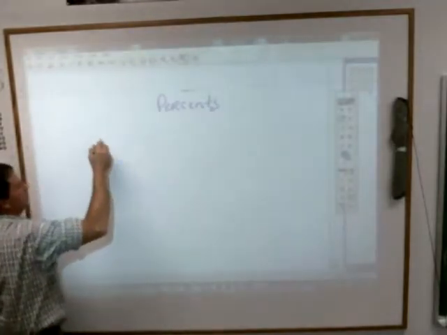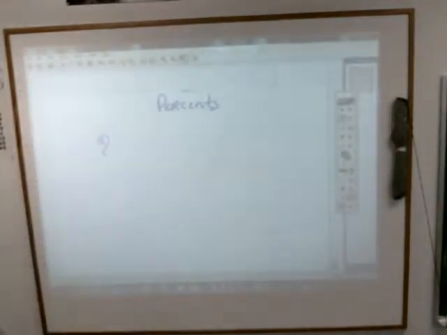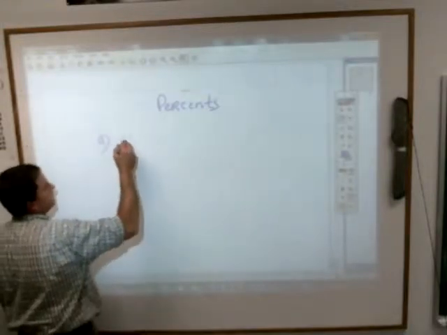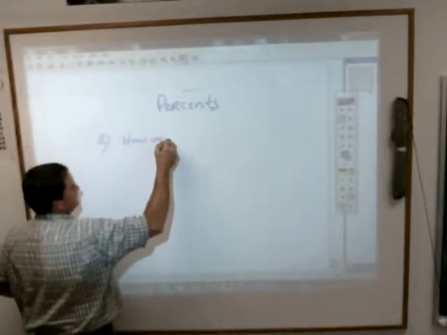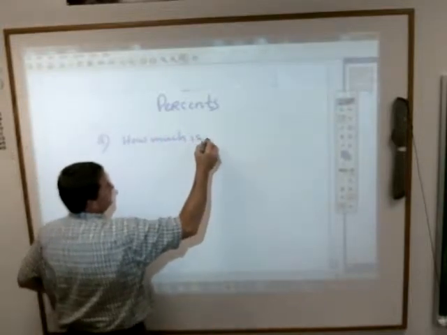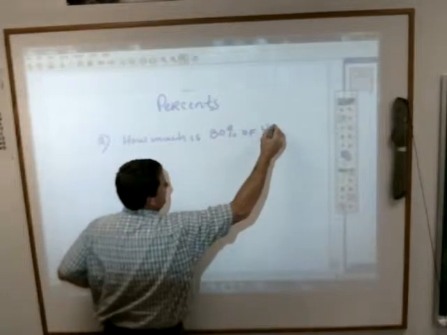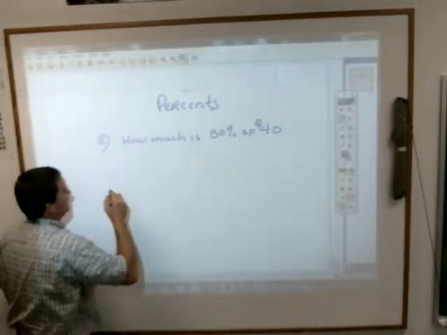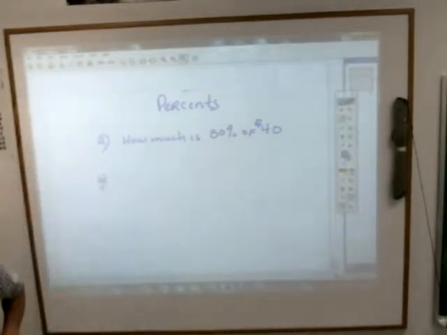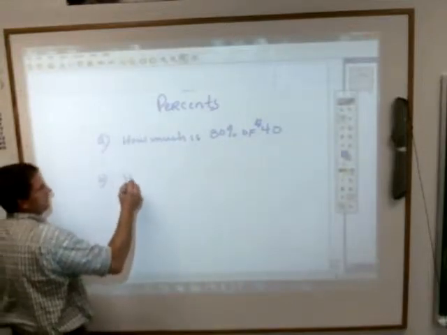Three problems. Letter A, find how much is 80% of $40. Letter B, how much is 75% of $40?